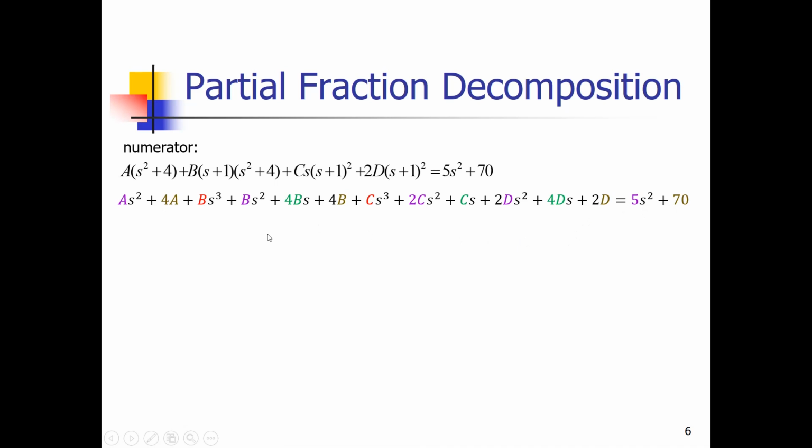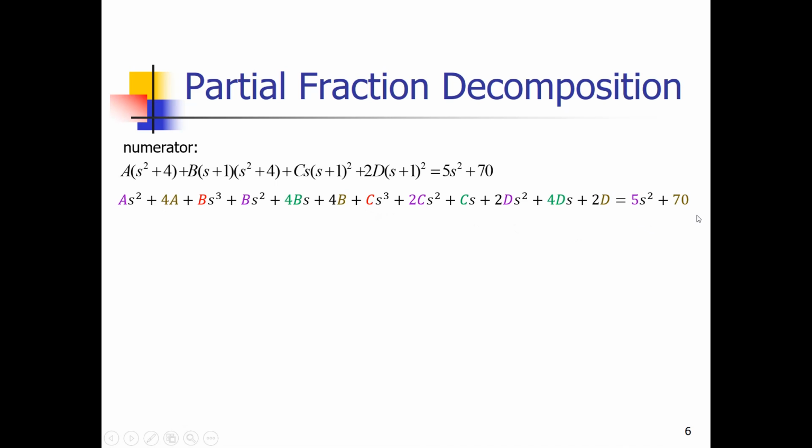So first of all, let's have a look at the parts with s to the power of 3 on the left side of the equation and the right side of the equation. I made them red. So we have at the left side of the equation b times s squared times s, so b times s to the power of 3 plus c times s to the power of 3.